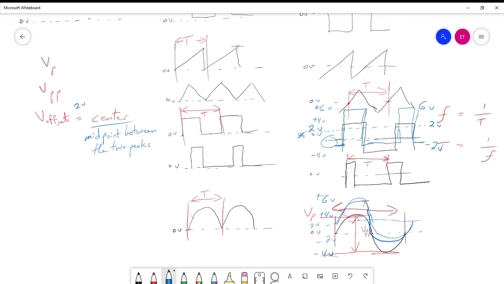Let's see. A couple other parameters maybe to talk about. If they are centered on 0 volts, we would call that amplitude symmetry. They're symmetrical in voltage. Okay, let's go back and highlight a few more parameters. What do we have? Frequency, period, peak.